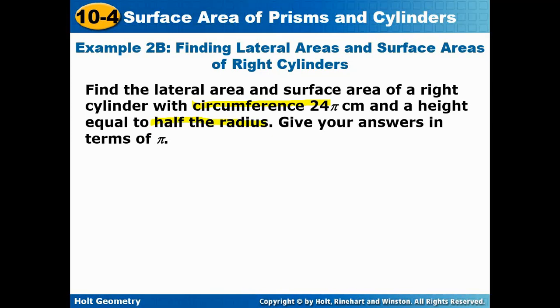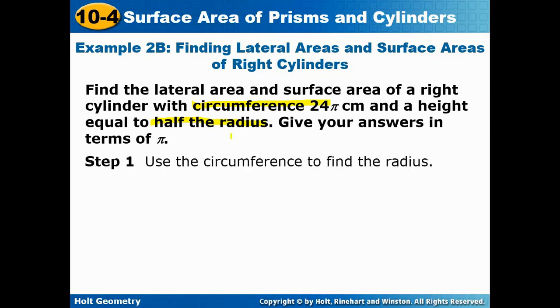Here we have the circumference, not the radius, and we don't have the height directly. We have a relation between the height and the radius. The height is equal to half of the radius. So definitely we have to find the radius from the circumference formula.